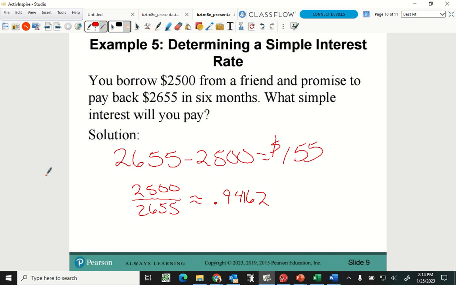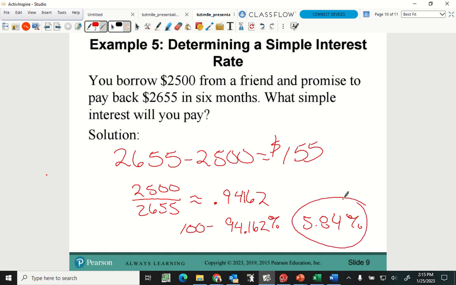Turn that into a percent by multiplying by 100. That's 94.16, but that's not the percent we're going to pay, right? You subtract that from 100, because this is what you have compared to your original. So 100 minus this gives you 5.84%.